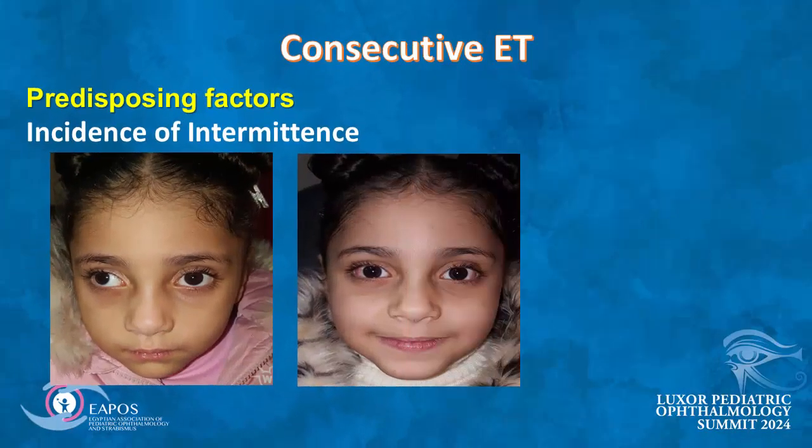The second predisposing factor, which is very important, is the control of the intermittent exotropia. We notice that good control differs mainly from bad control. Patients with good control are liable to show consecutive exotropia after we do bilateral recession for them.